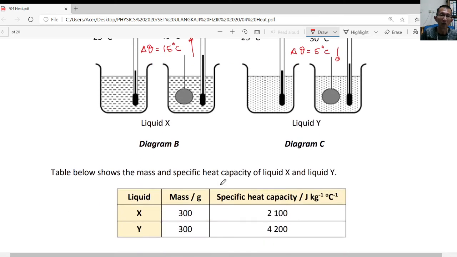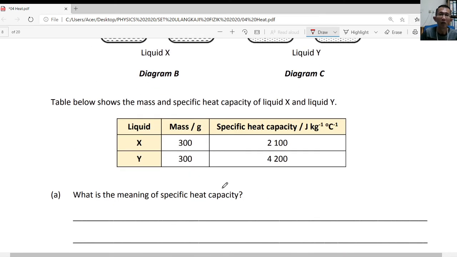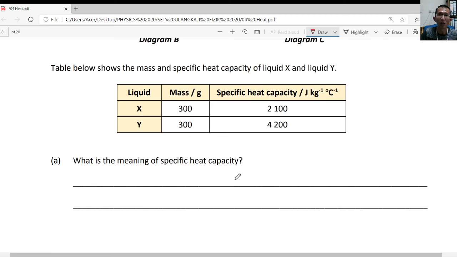So let's go on with the question, but before that we are also given the table, right? So the mass is 300 and then the specific heat capacity of X and Y are given here in the table. Now what is the meaning of specific heat capacity? Specific heat capacity, that would be heat, right? But what heat?